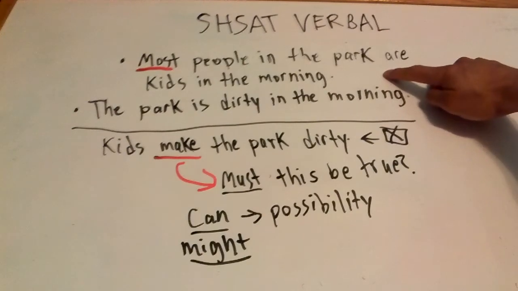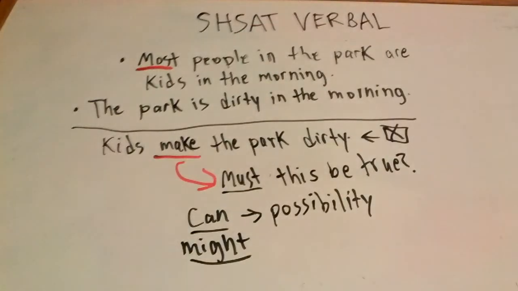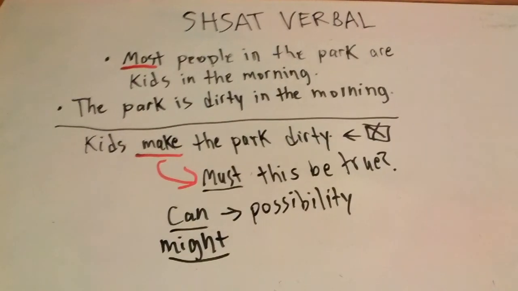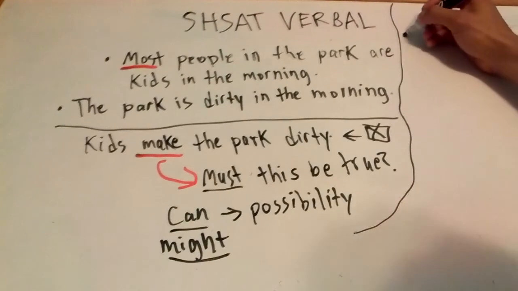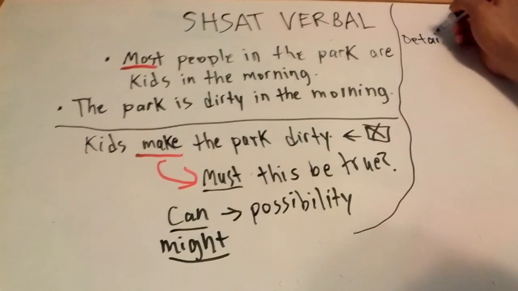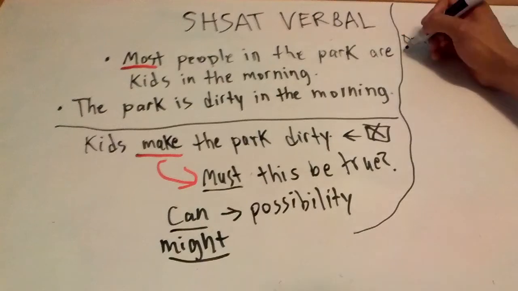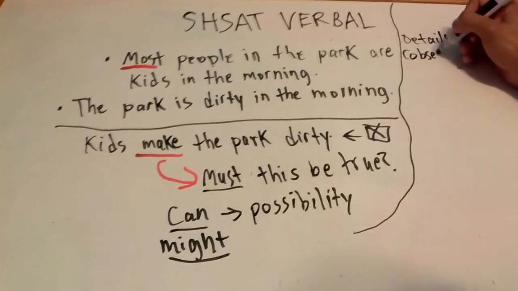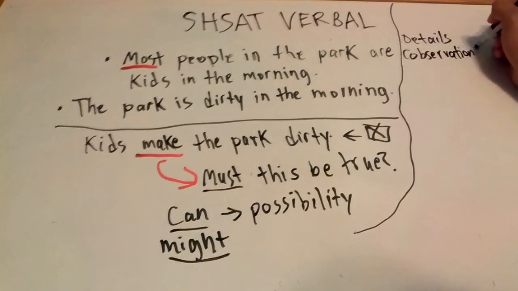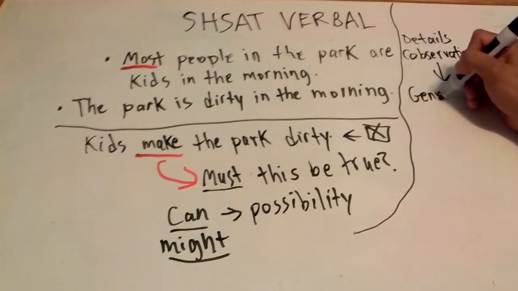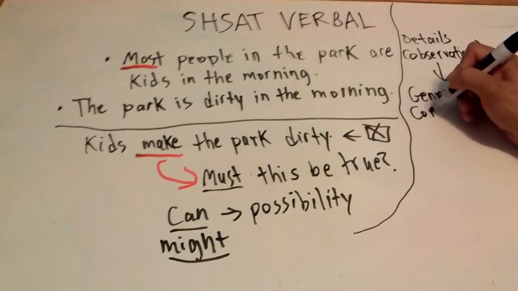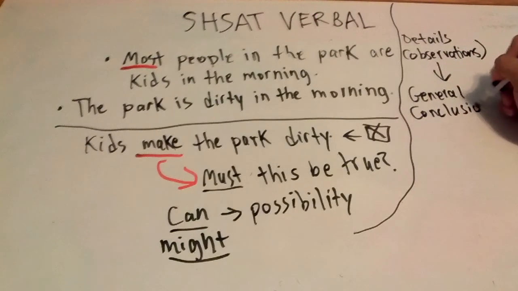Alright? So, what kind of an argument is this? Alright, well, we went from what? Let's erase some of it if we can. Alright, we went from details or observations to a general conclusion.